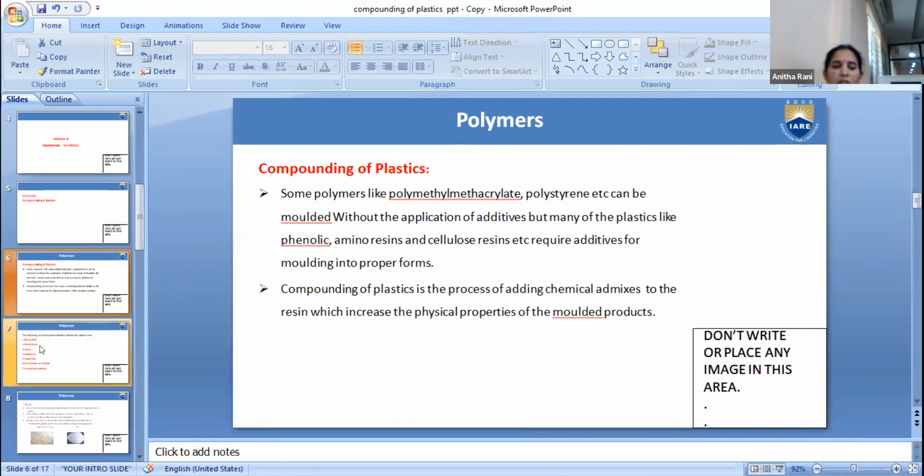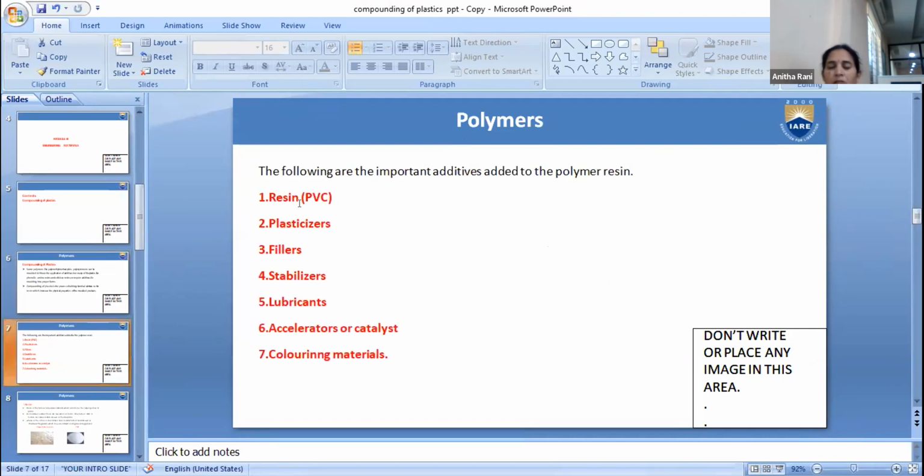Plasticizers, fillers, stabilizers, lubricants, catalyst, coloring materials. All these are ingredients we are adding to the polymer resin. So this is called compounding of plastics.